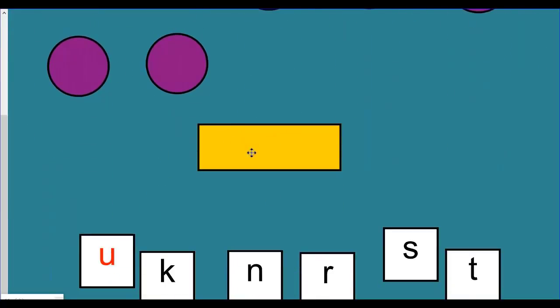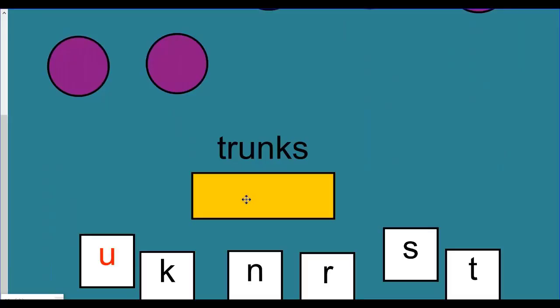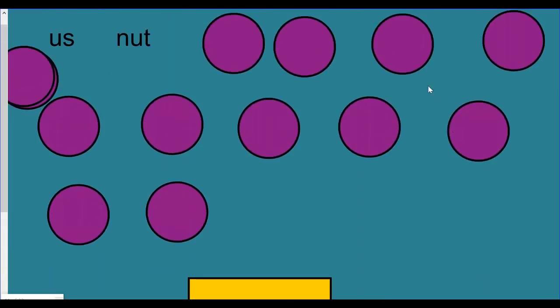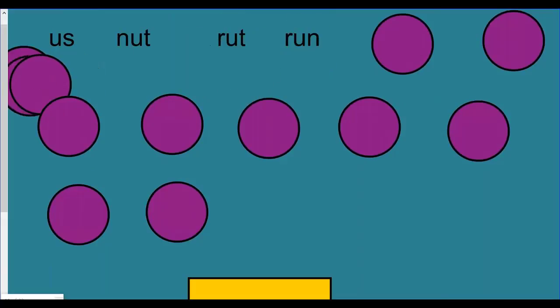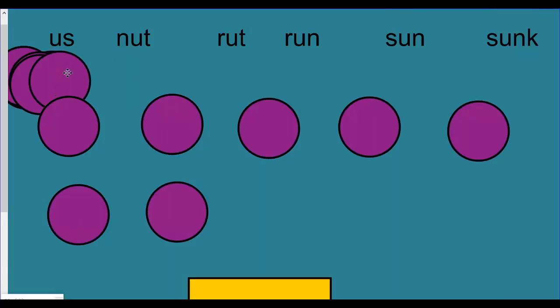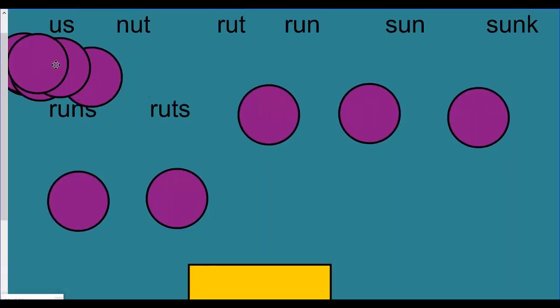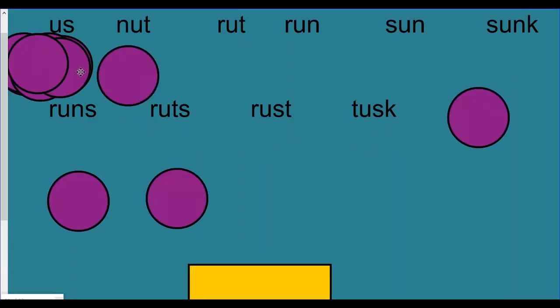This box has the final word that is uncovered, so they don't uncover that until we've uncovered all of these, and they continue to build the words throughout. It's your word building just in a smart, interactive way.